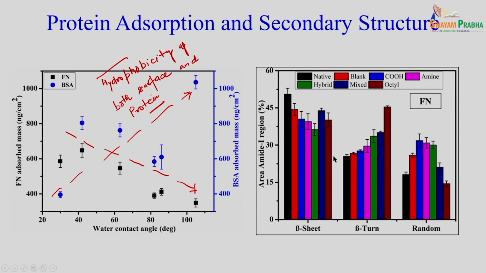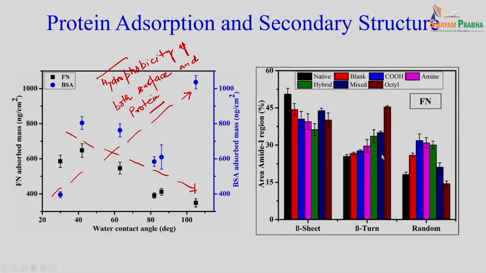So, what is happening after the adsorption on different surfaces? You can see this is the blank surface, then this is COH, this is the amine surface, hybrid surface, mixed surface, and the octyl surface. On different surfaces, after the adsorption, the protein has different secondary structure.